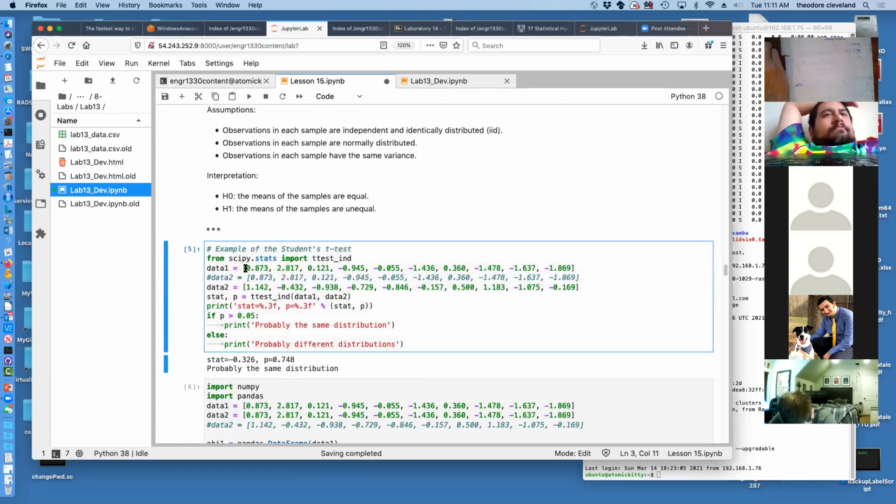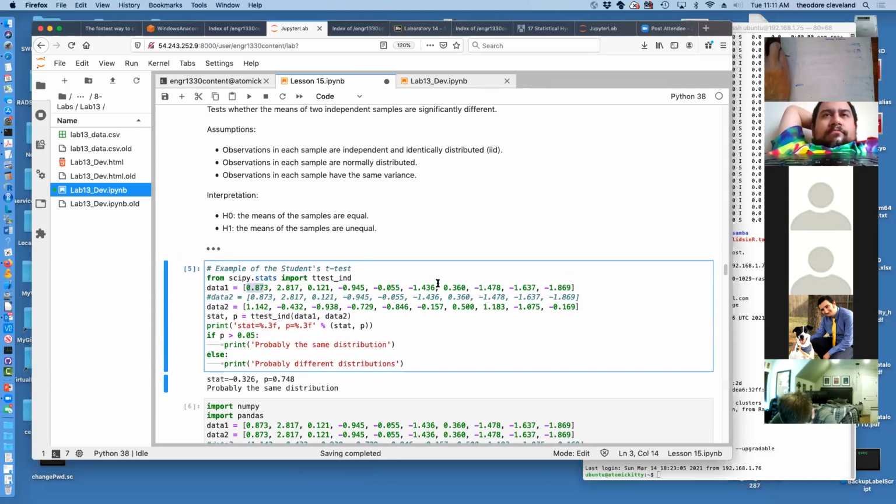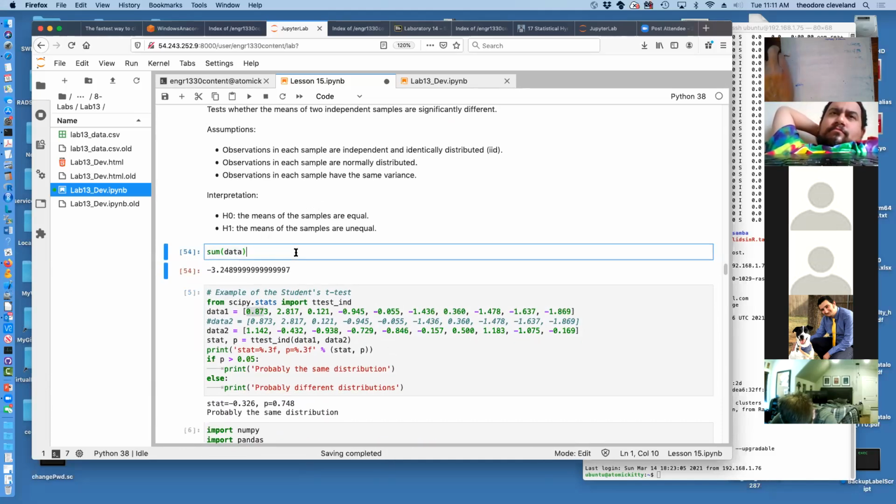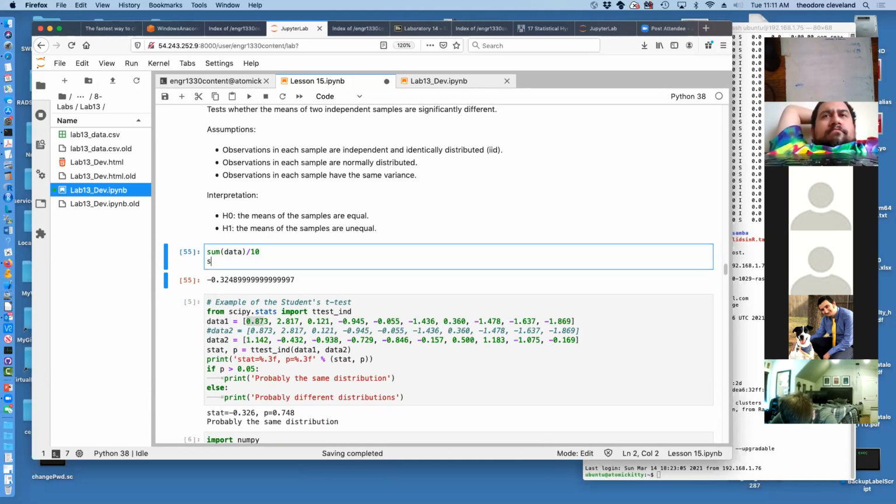So we have data 1: -0.8, 2.8, and so on. And if we wanted to figure out the, oh, it does have sum. We can do this: sum of data, and I think there's 10 elements. So the mean value of our first data stream is -0.32.